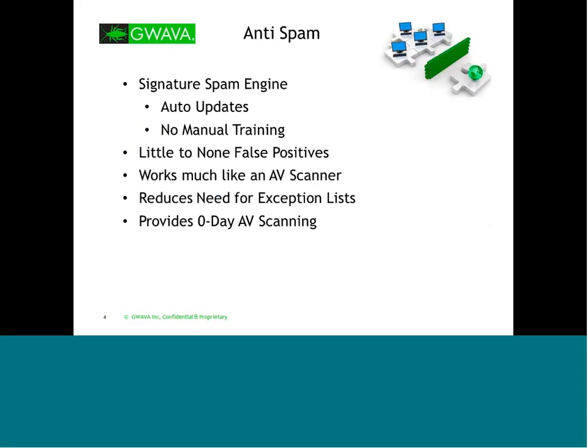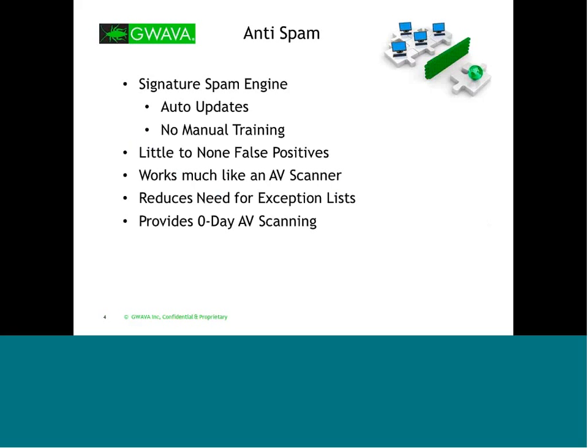So our anti-spam solution, what we use is a solution from ComSoft, which is a well-known solution. So basically, this solution doesn't need any training. You just install the SMTP scanner, the new signature is there, and you're good to go.